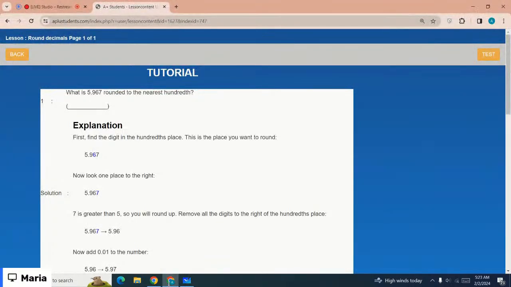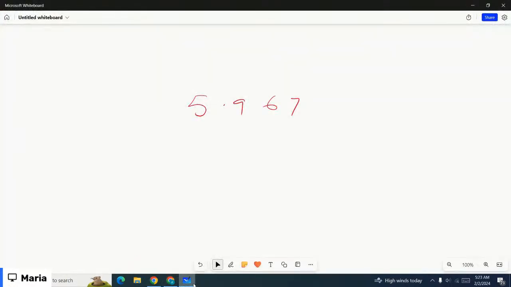That means you need to round off the number that is at the hundredth position, right? So, which digit is at the hundredth position? 5 is at the ones, 9 is at the tenth, 6 is at the hundredth, and 7 is at the thousandth, right?